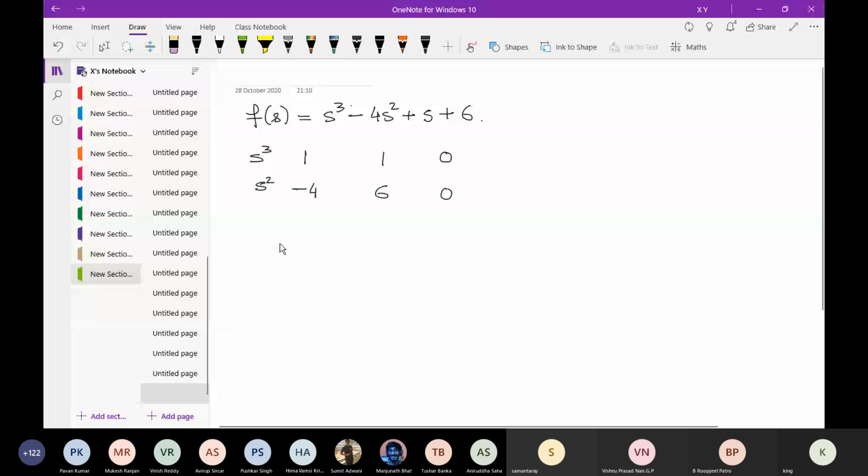I'll have to do a bit of erasing. We'll need some space. So I have S to the power 1 out here, and I need to fill up this part. How do I do it?